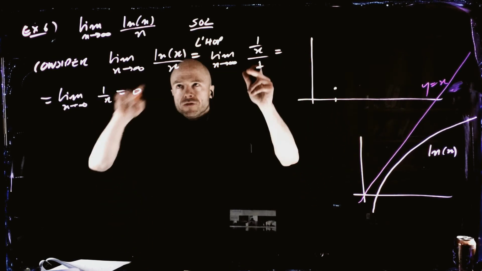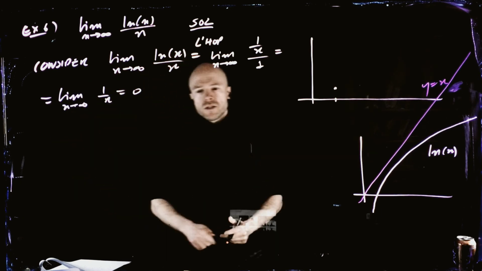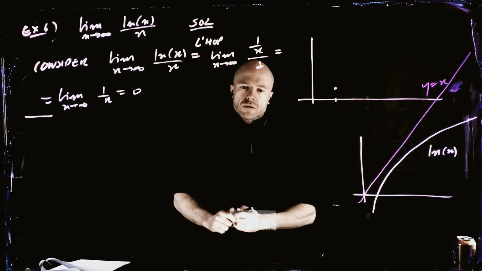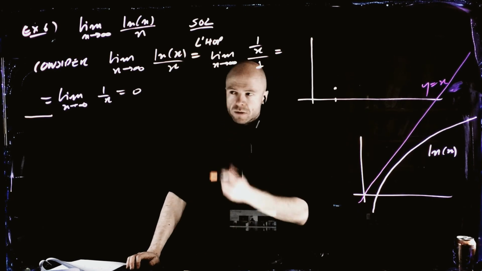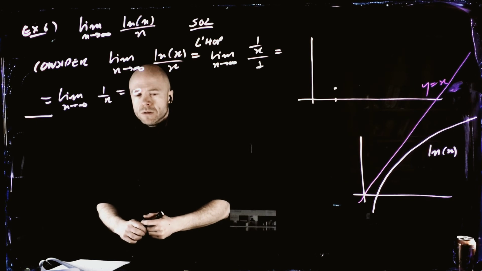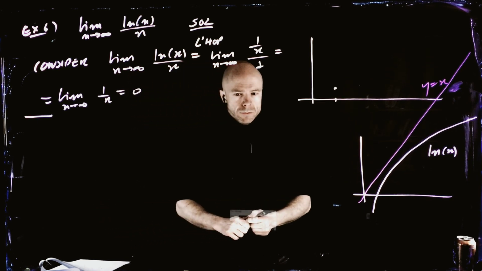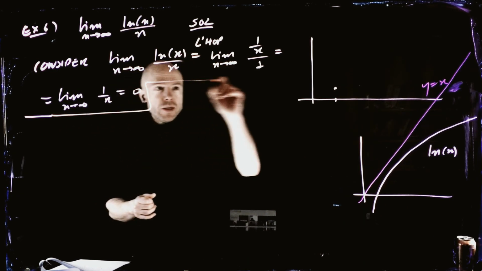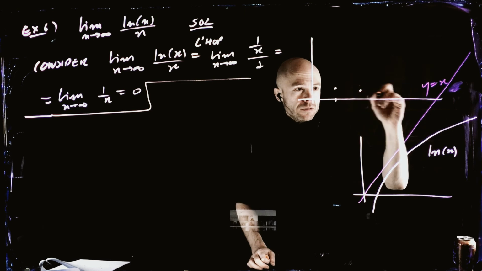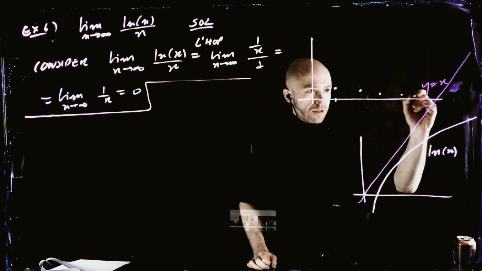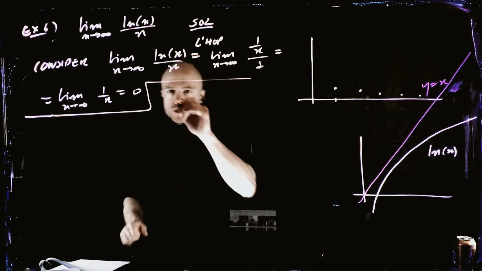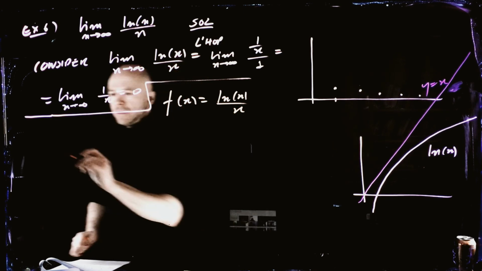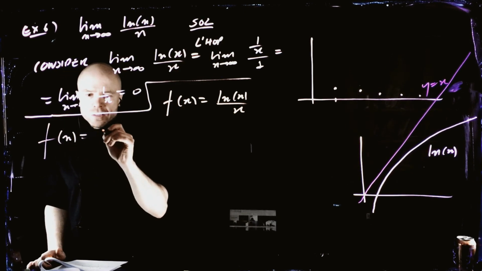Okay, but that's about functions. Now relate this to our sequence. Indeed, but implicit in that is this observation that I told you just on the last board, that this function f of x, which is log of x over x, has this property that f of n is equal to our sequence, right?